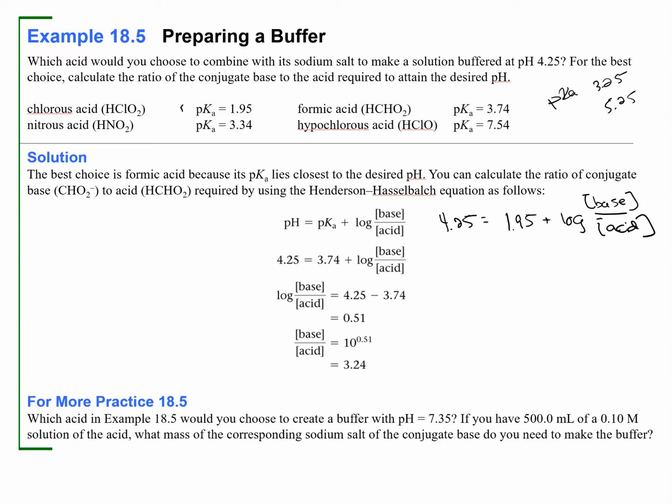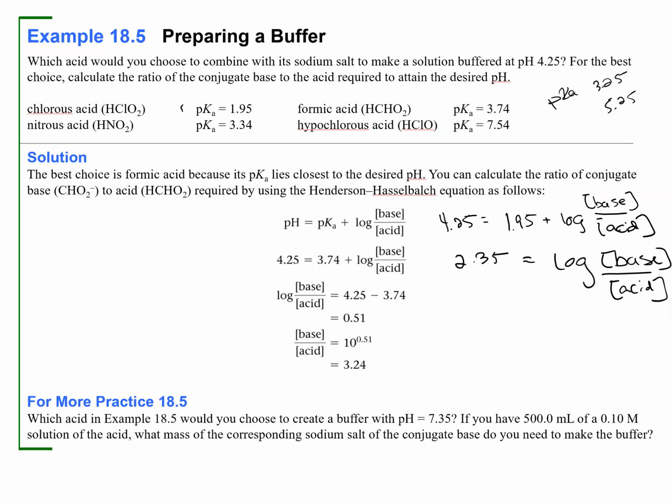Let's say this is 2.35 equals log of, oh, that's a terrible drawing vertically. Let me try that again. Log of base over acid. You're going to see a ratio of base to acid of over 100 to 1.